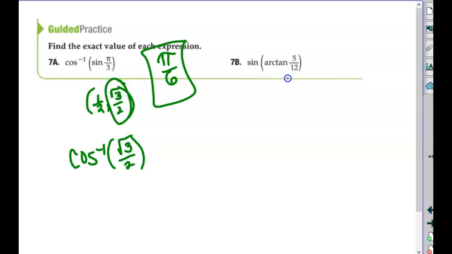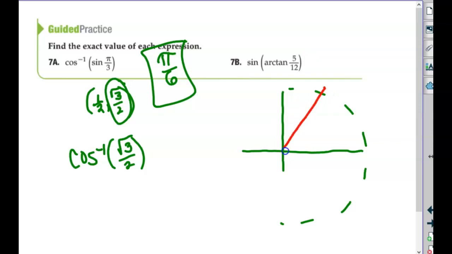Okay, what about this guy? What are you thinking? I'm thinking I'm going to need to draw. Arctangent is in these two quadrants. Where am I going to draw this? Where's it positive? Quadrant 1. Tangent is opposite over adjacent. So 5 goes over here, 12 goes down here, so mine is not drawn to scale.